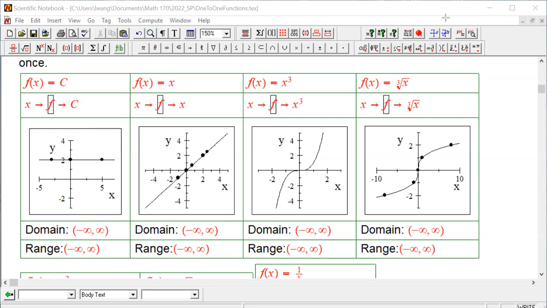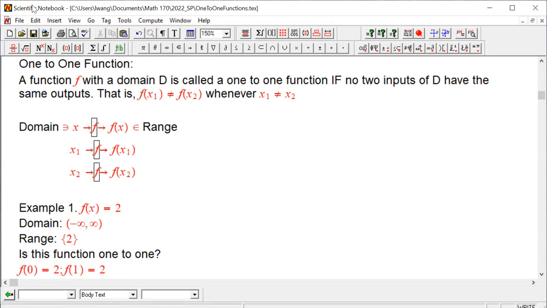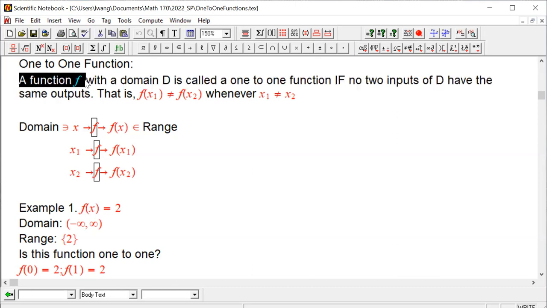Now we're going to talk about the one-to-one function. What is a one-to-one function? First we have to start with a function. Only for a function do we start to ask whether it is one-to-one.